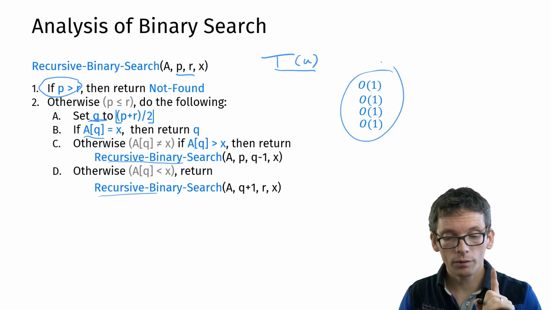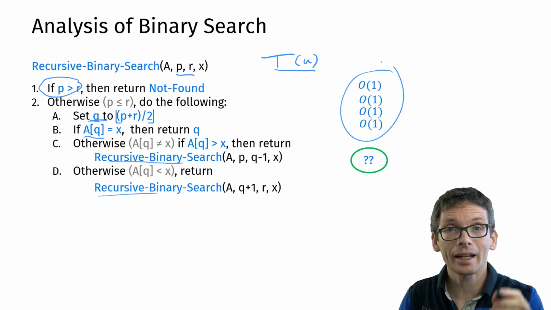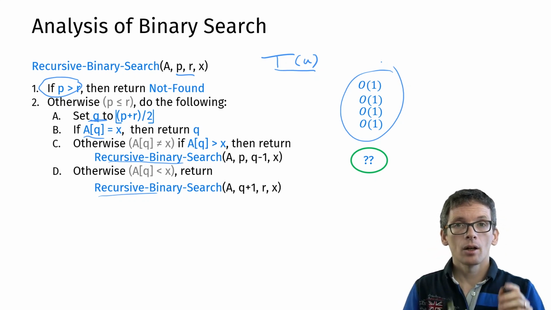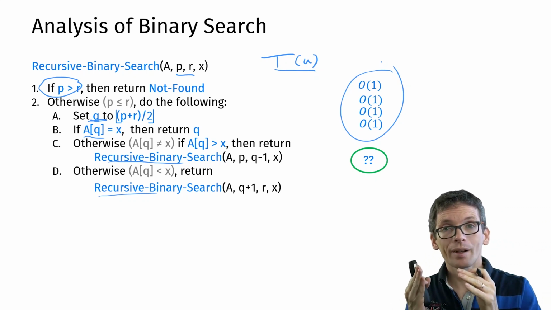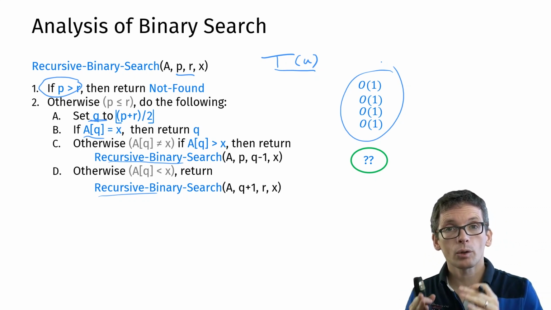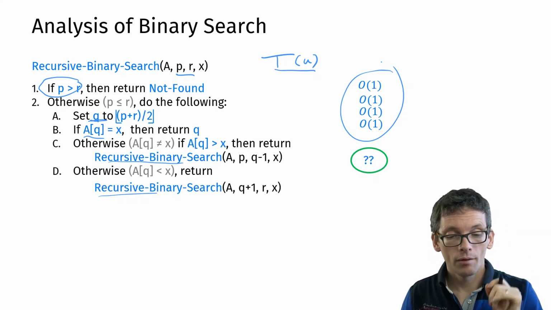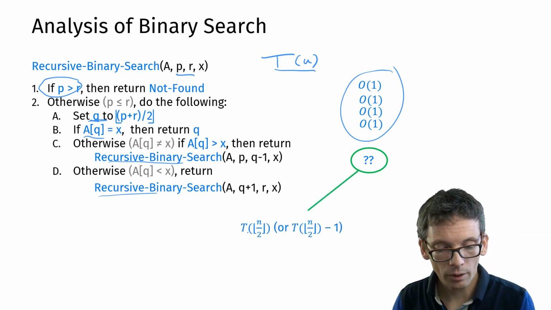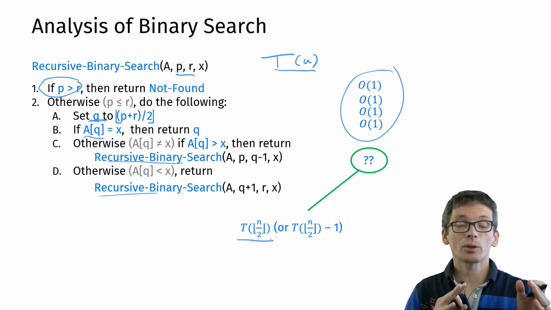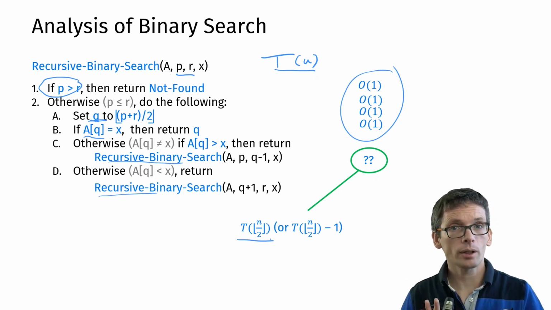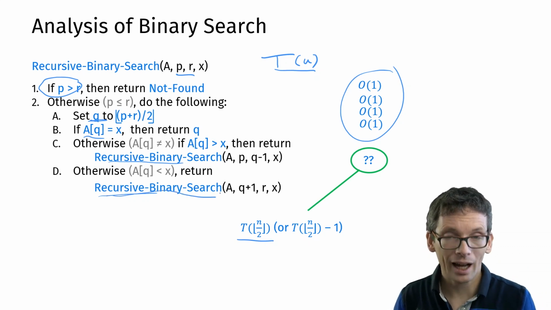Now the recursive call, we don't know how long it takes, but we can express it in terms of T, because if T of n is the running time on a subarray of length n, and the recursive call is on a subarray of length n half, more or less, then we can write it as T of n half. In this case, rounded down, possibly minus 1. That is not that important. So essentially, the recursive call takes T of n half time.